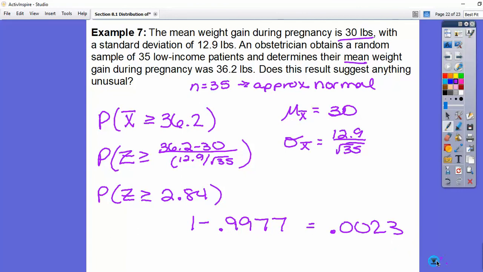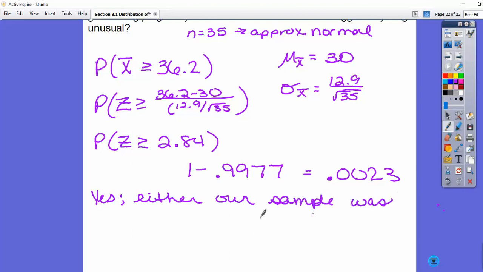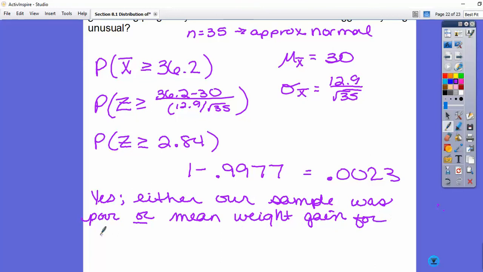So the question then, does this suggest anything unusual? Yes, absolutely. What that means is either our sample was poor, so in some way we picked a poor group of people to use, or it could mean that the mean weight gain for the low income group was higher.